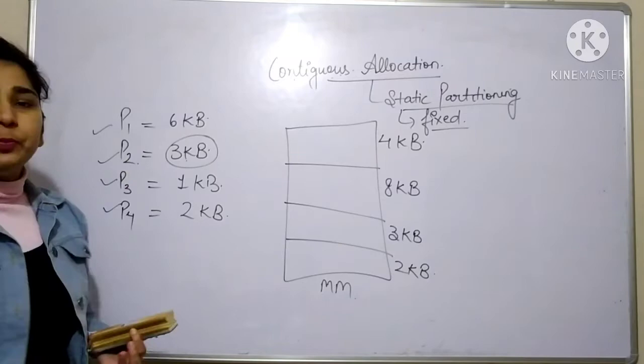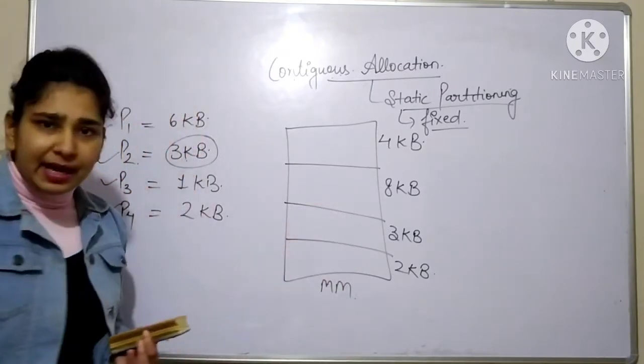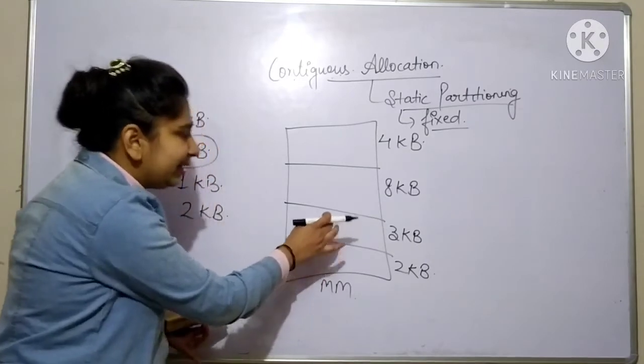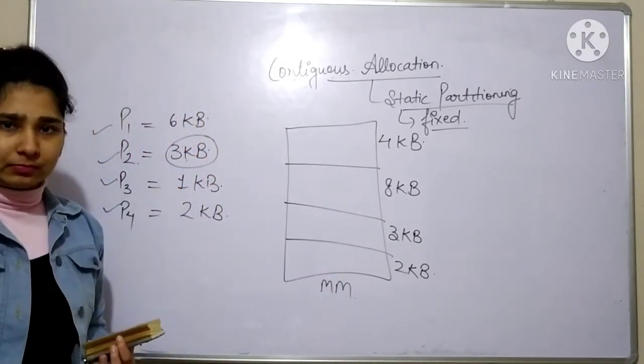You can keep your process P2 in the 8 KB partition, or you can store your process P2 in this partition.